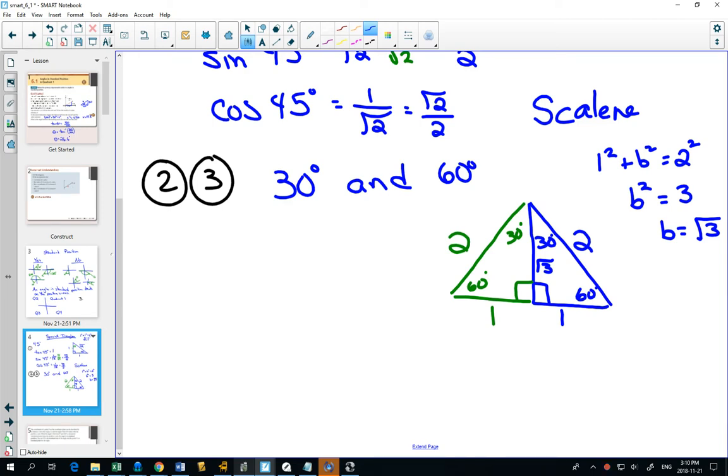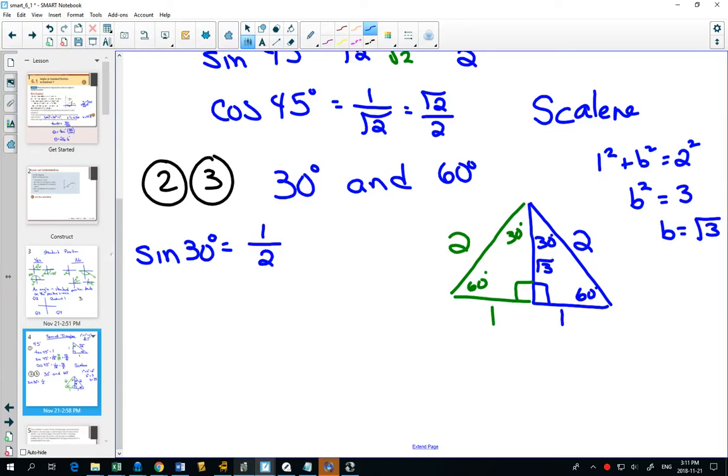And now we can say what sine, cos, and tan are without our calculator. Check this out. What is sine of 30 degrees? Look on your triangle. Where's the 30 degrees? What's your opposite side? What's opposite of the 30? 1. What's the hypotenuse? 2.